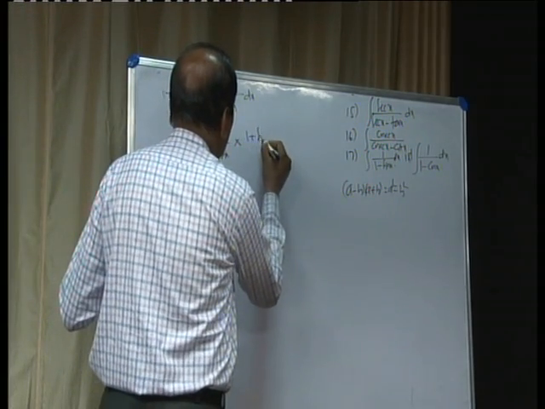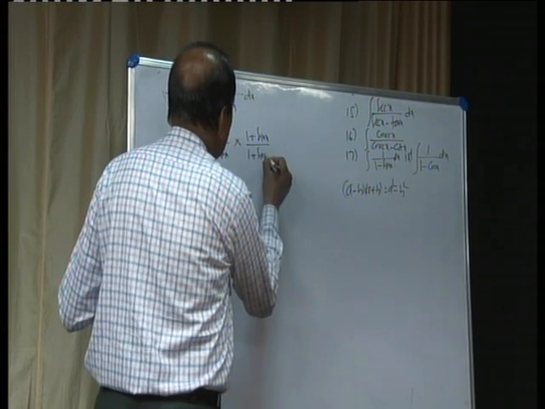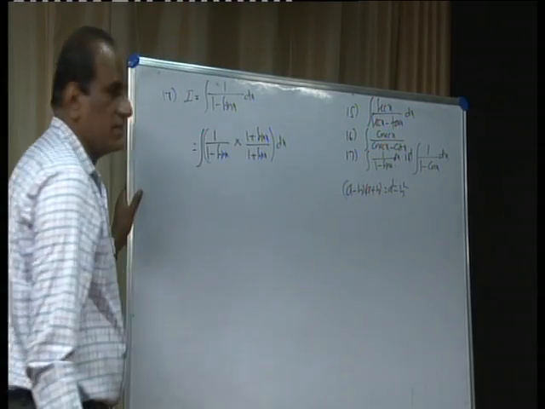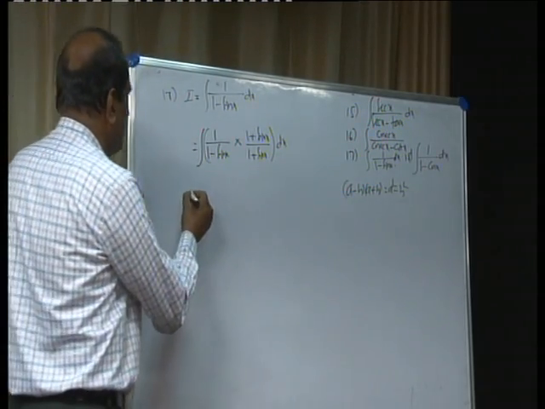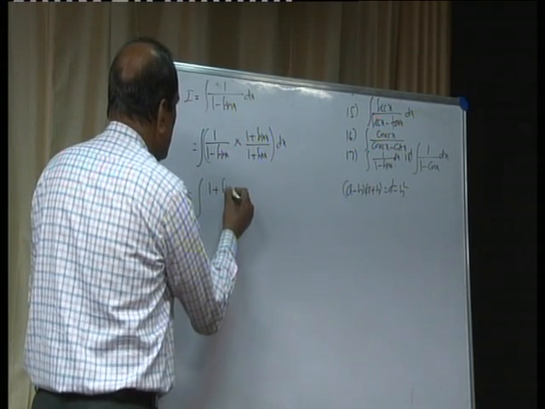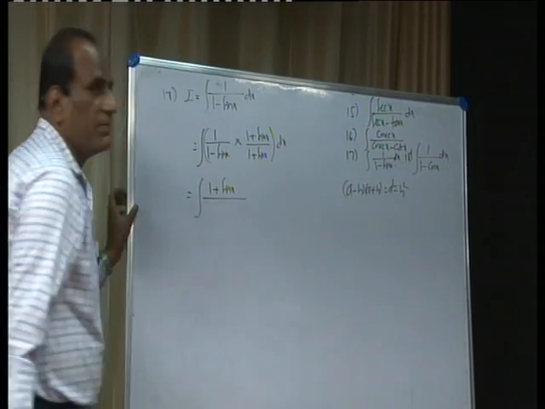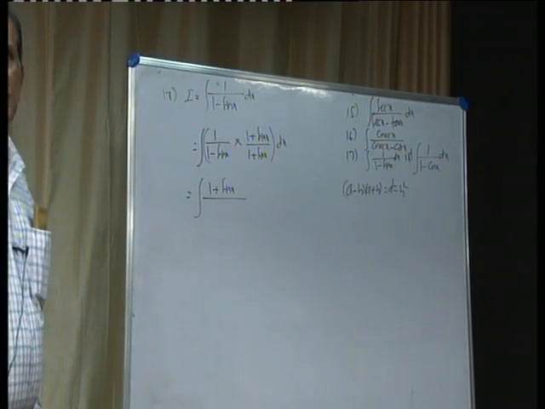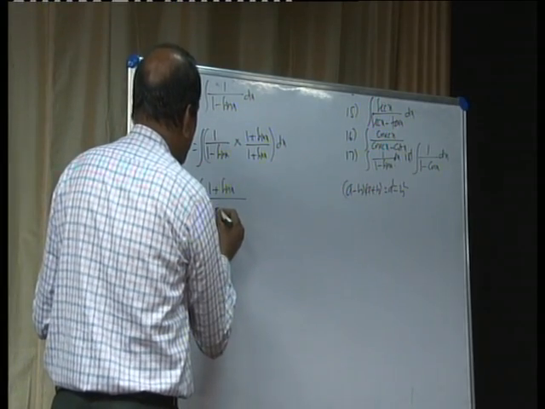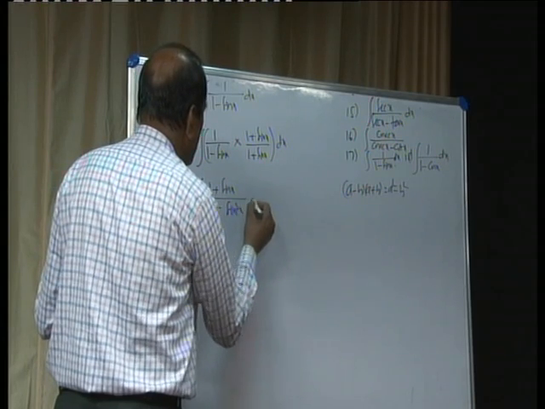So, 1 plus sin x divided by 1 plus sin x, dx. Now, 1 into 1 plus sin x is 1 plus sin x, divided by (a minus b) into (a plus b), which is a square minus b square. A square is 1 square, that is 1, b square is sin square x, dx.